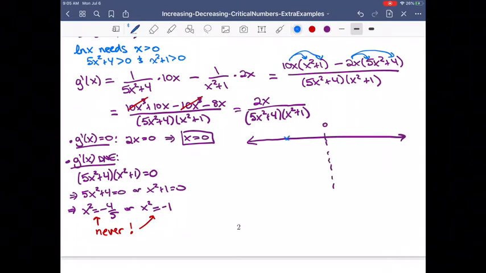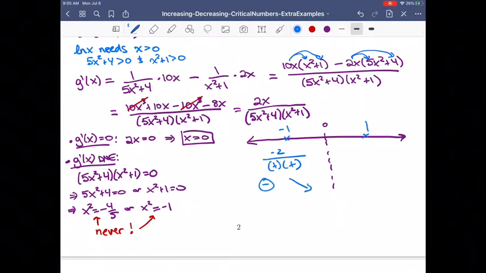So let's say I check negative 1. That's going to be negative 2 over, and then the bottom actually is, like we said, always positive, because this is always positive, as is this. So it only matters what the top is doing. So this is a negative over a positive. This is going to be a negative, so we're going to be decreasing.